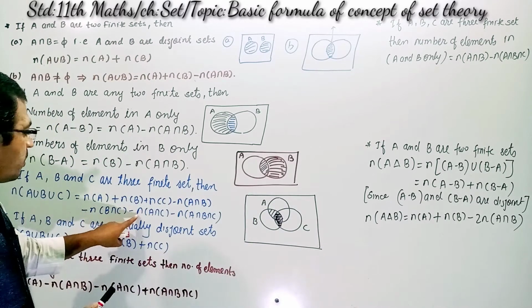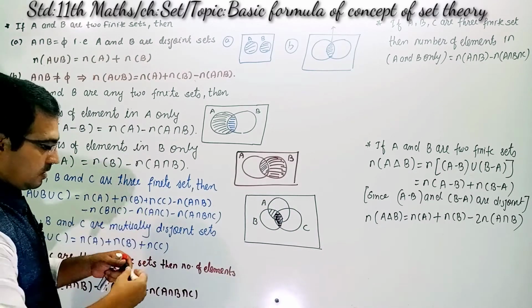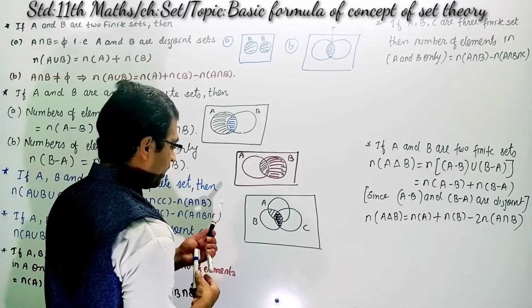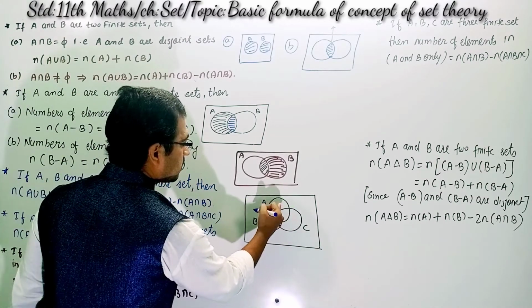And the number of elements of A intersection C, means this part.